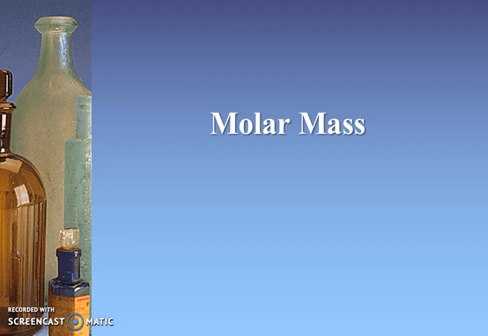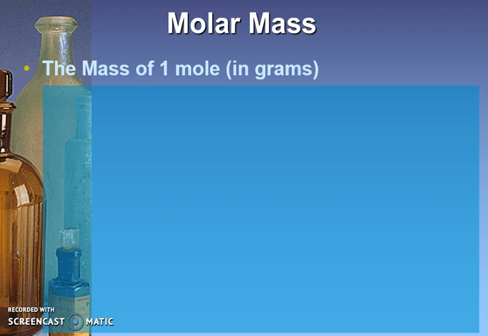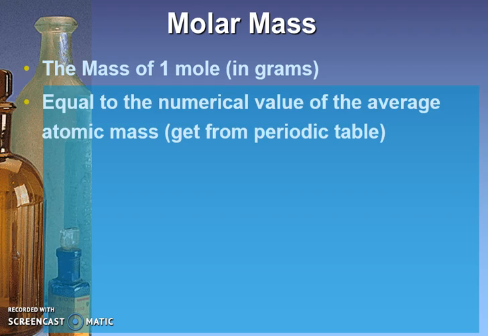So now we're going to move on to molar mass. The mass of 1 mole is in the unit of grams. It's equal to the numerical value of the average atomic mass, and we're going to get that from the periodic table. So 1 mole of carbon atoms is 12 grams.